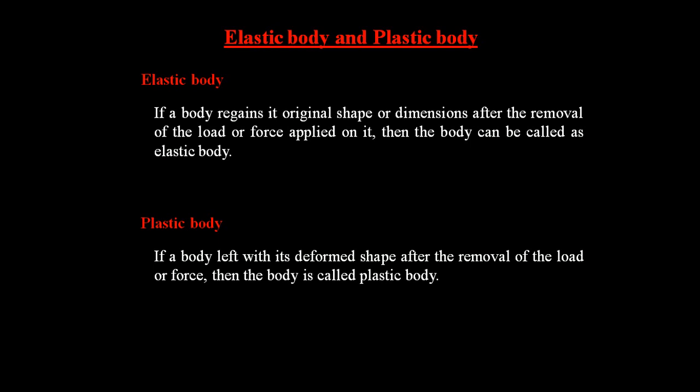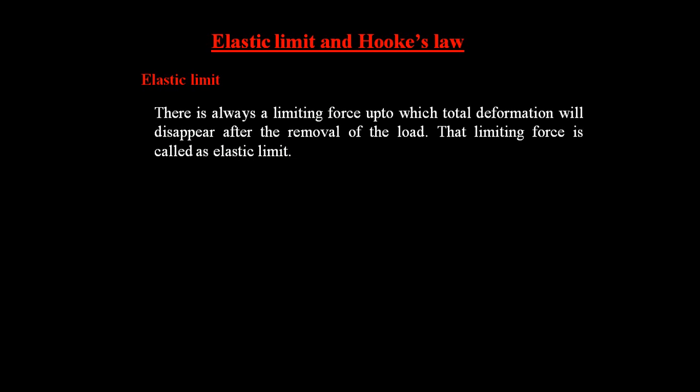Next, we go for elastic limit and Hooke's law. What do you mean by elastic limit? Here again go through the definition. There is always a limiting force up to which total deformation will disappear after the removal of the load. That limiting force is called the elastic limit.